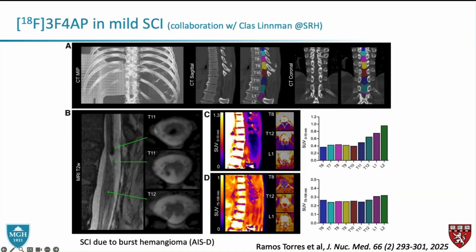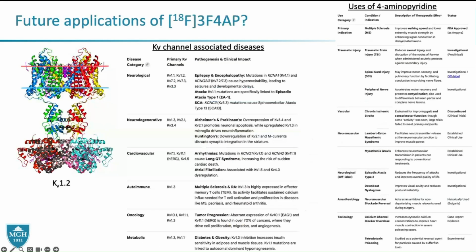On the early PET images, we see some bright spots, potentially indicating hyperperfusion and maybe inflammation. And on the late PET, we saw a slightly elevated signal, possibly indicative of demyelination.